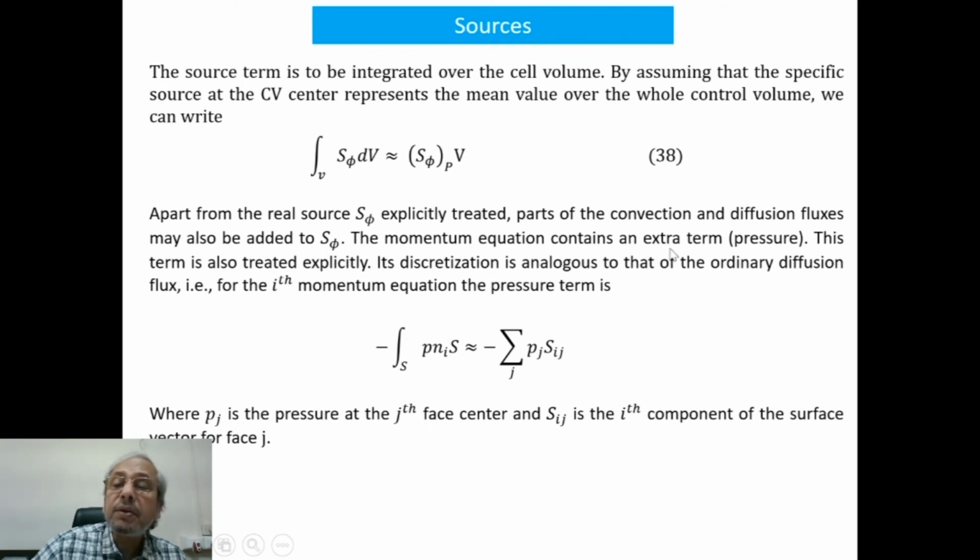Momentum equation contains a very important term, which is pressure. Now this term is also treated explicitly.